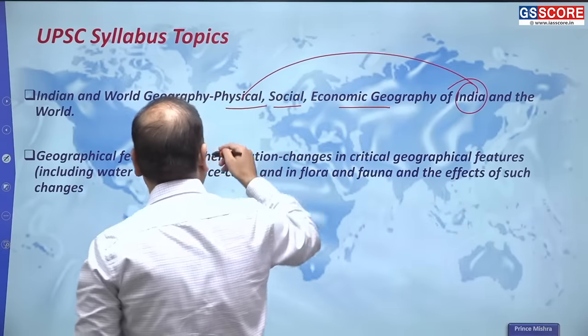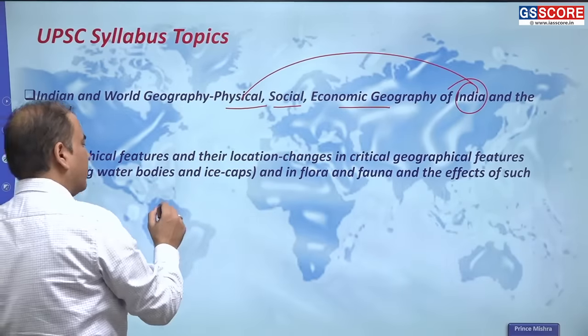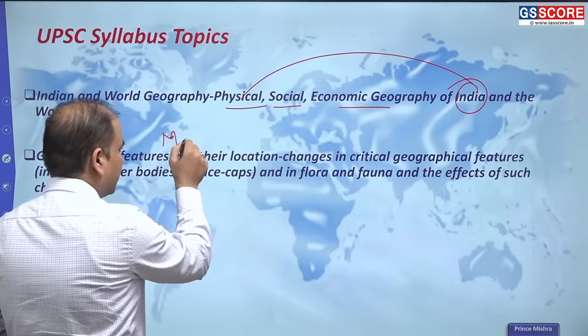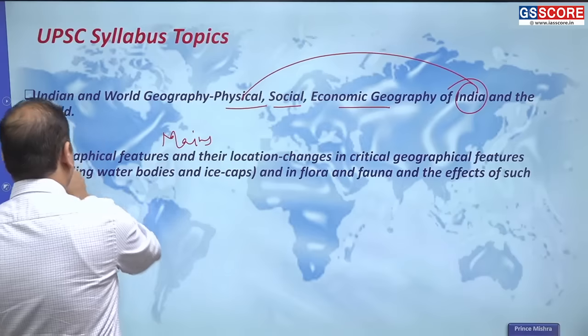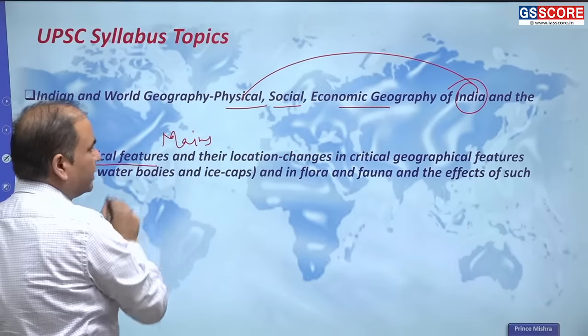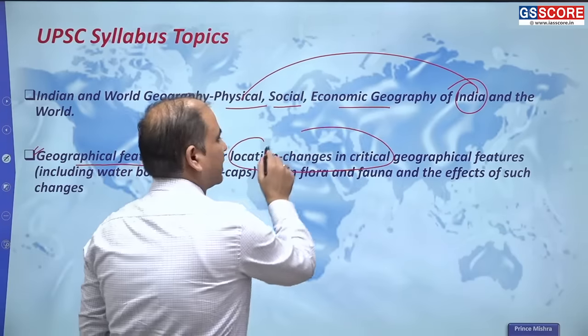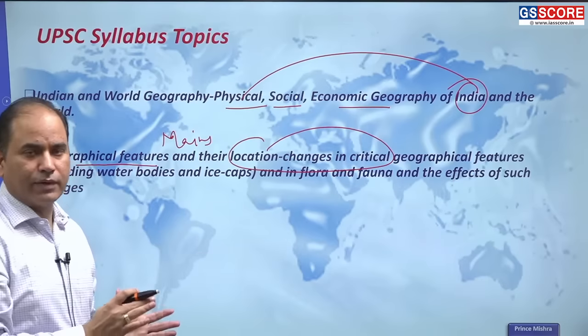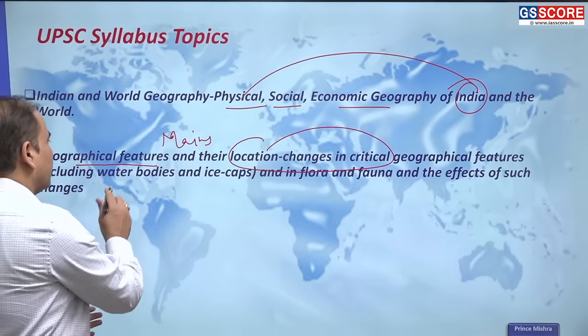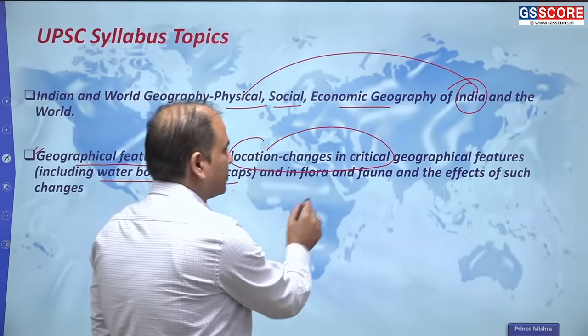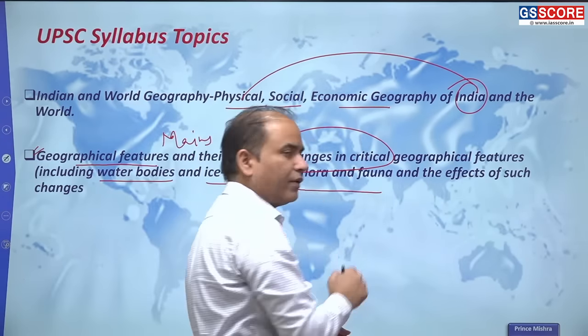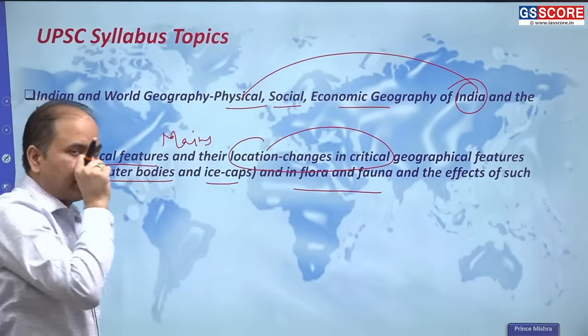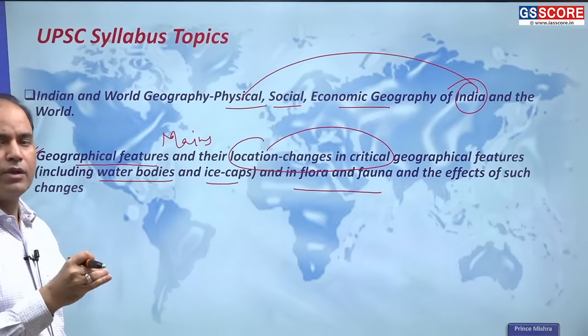Also, along with this Indian physical, when you go to the main syllabus, you will find topics like geographical features and their location, changes in critical geographical features, especially water bodies, ice caps, and flora and fauna. So in a way, you are also supposed to study whatever topics you study related to Indian physical in prelims.